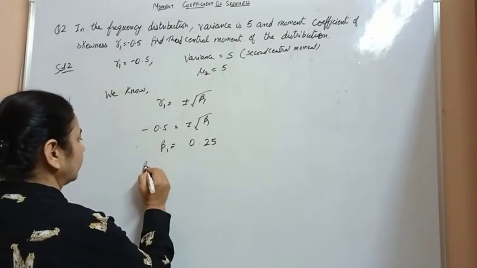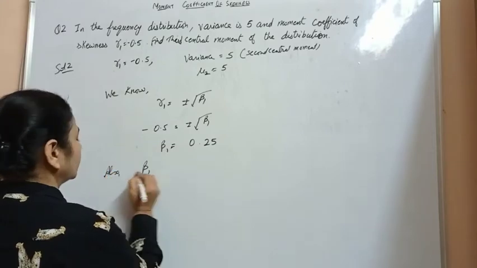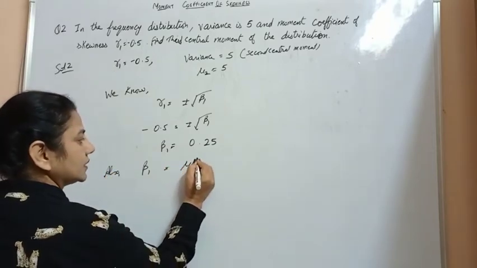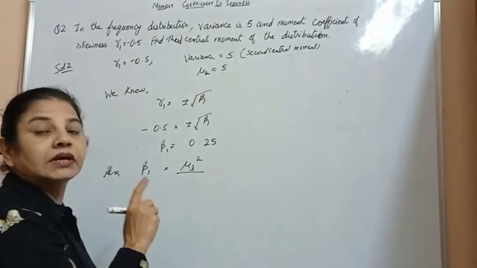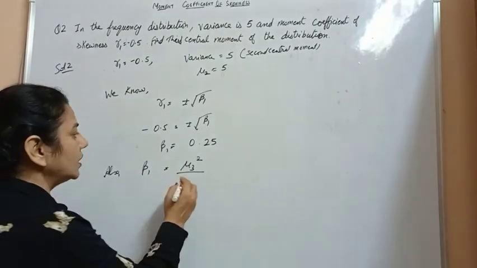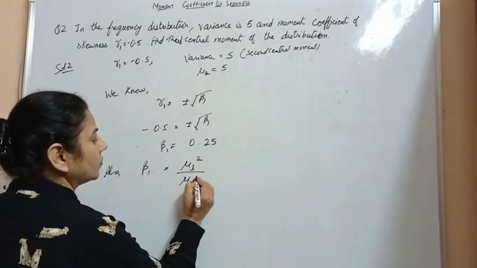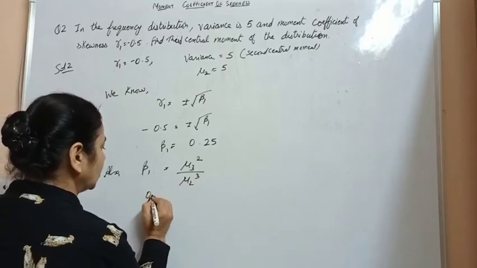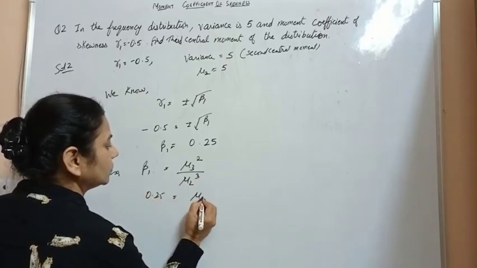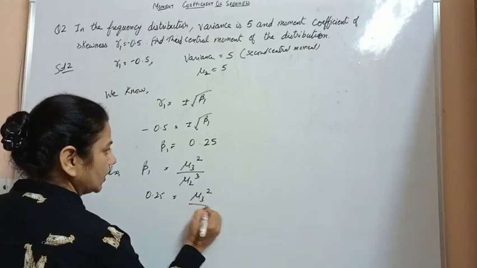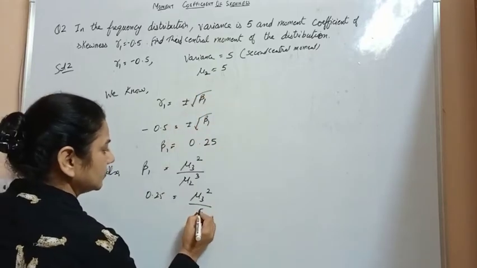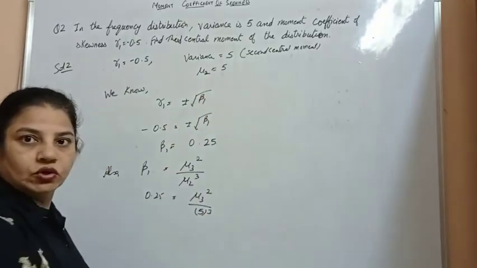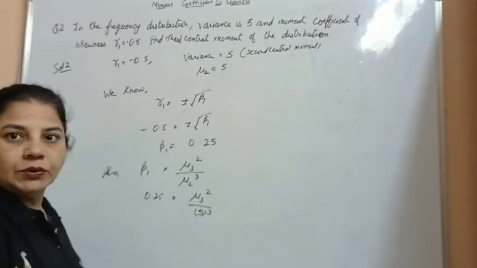Also we know that beta 1 is the third central moment square divided by the second central moment cube. That means 0.25 is equal to the third central moment square divided by 5 cube. The 5 cube gives me 125.